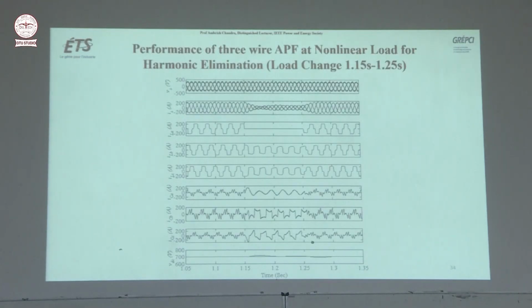Now, if you see the performance of a 3-wire active power filter at a non-linear load for harmonic elimination. See, this is the supply voltage, this is the supply current, then the load current for phase A, phase B, and phase C. Can you see it?